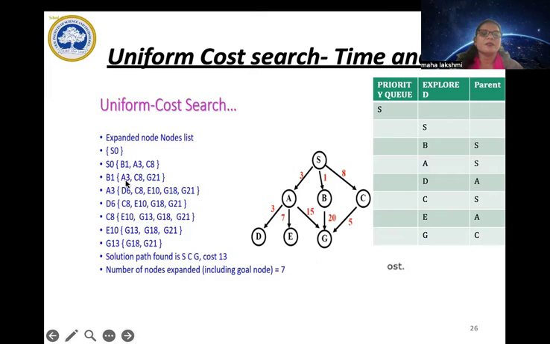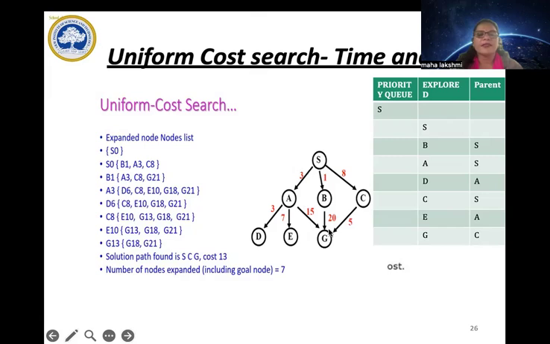Then here, the node that has to be expanded now is A3. A3 has the smaller path cost, so that should be expanded. If you expand A3, the nodes that will come are D, E, and G. The path cost for D from the source node will be 6. Similarly, for E, it is 10.